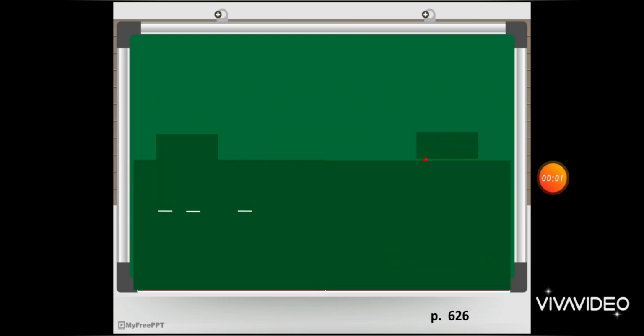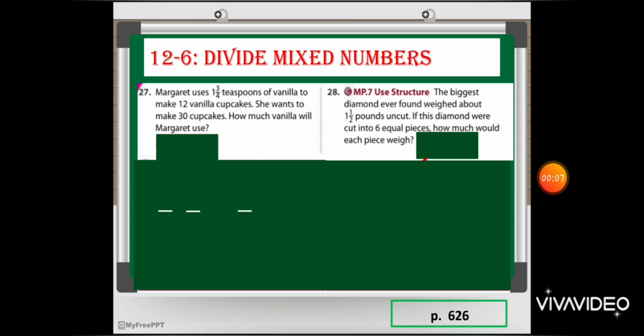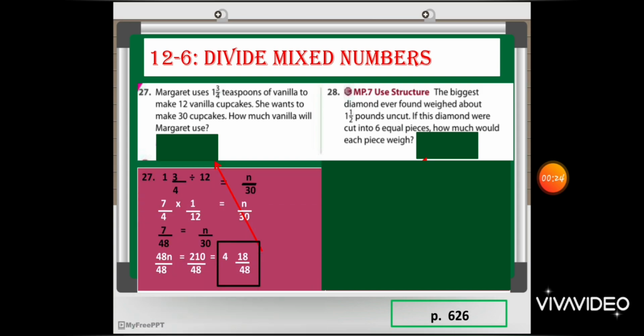Let's proceed to the next problems. For number 27, it says here, Margaret uses 1 3/4 teaspoon of vanilla to make 12 vanilla cupcakes. She wants to make 30 cupcakes. How much vanilla will Margaret use? First, we have to know that this problem actually is a ratio problem.